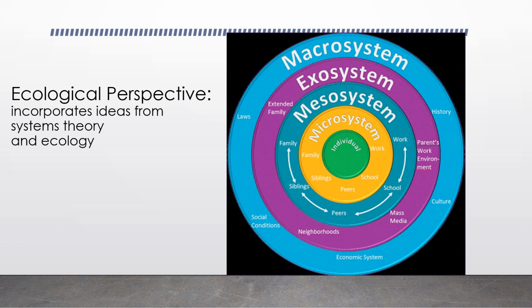Another example involves a mother experiencing stress at work because of a new computer system. When she comes home and is short with her children, the children are affected even though they have no formal relationship with their mother's employer. So again, the exosystem is something that is kind of once removed from the child's or the individual's immediate interactions.